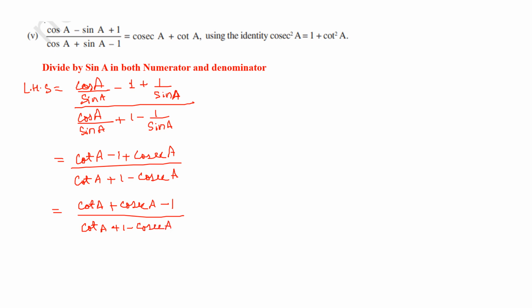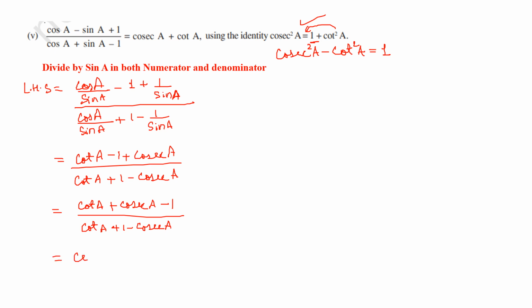Now what I will do in the numerator, I am going to use this identity. In place of 1, I will write cosec² A minus cot² A. When I transpose this, it will become minus, and this is equal to 1. So in place of 1, I am going to write that.